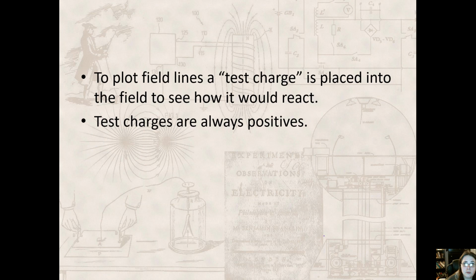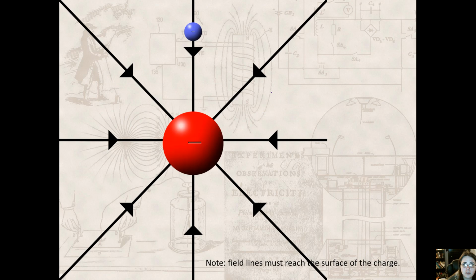To plot field lines, you have to use a positive test charge. You see how that test charge reacts, and again, test charges are always positive. Here we have our positive test charge, and this is an electron.